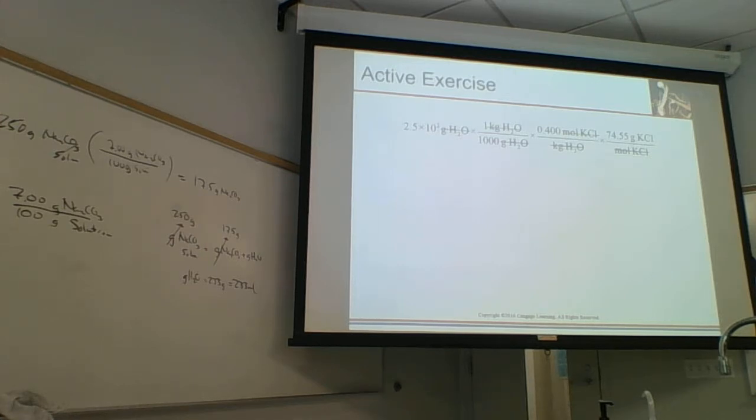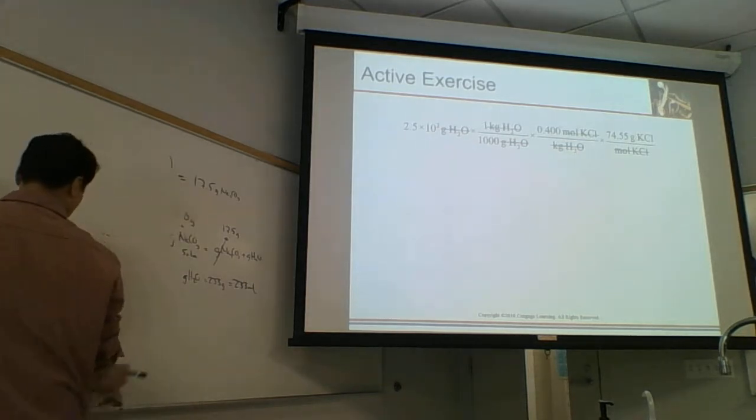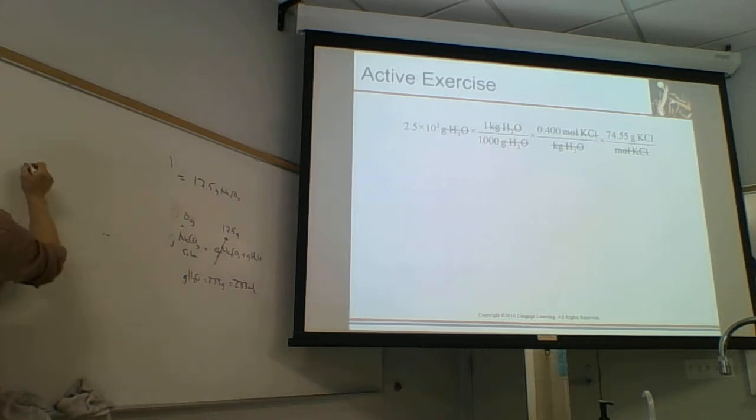A composite percentage would be something like this, which is very common: 0.9 percent. This is called an m/v percent, NaCl.